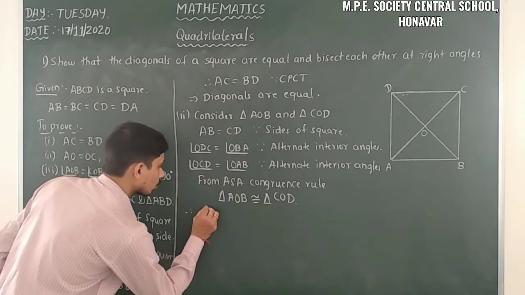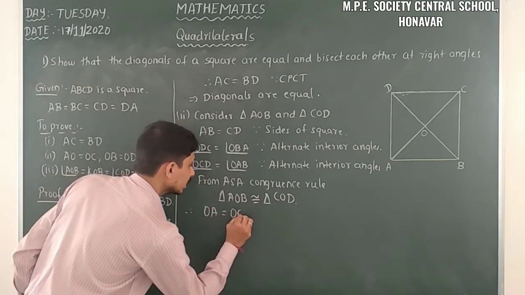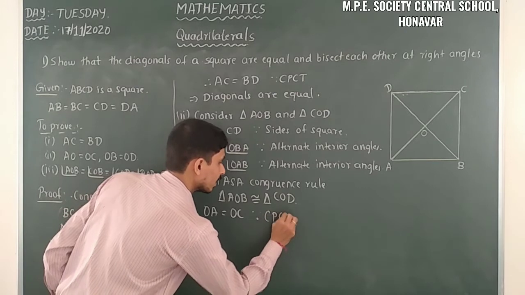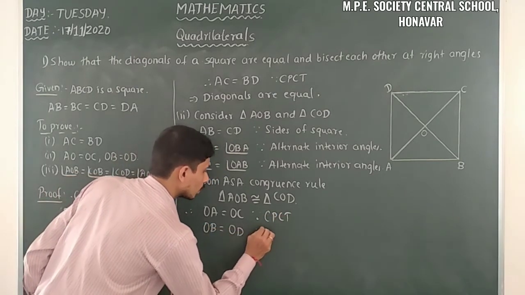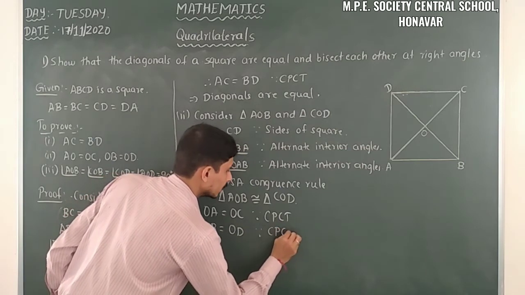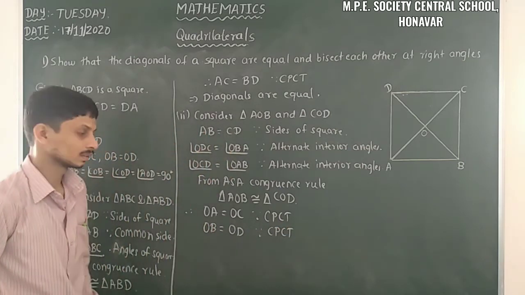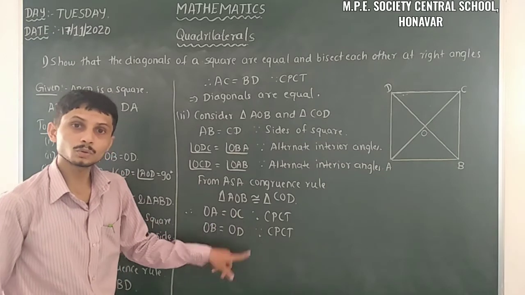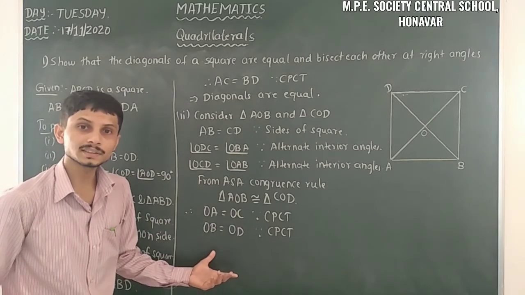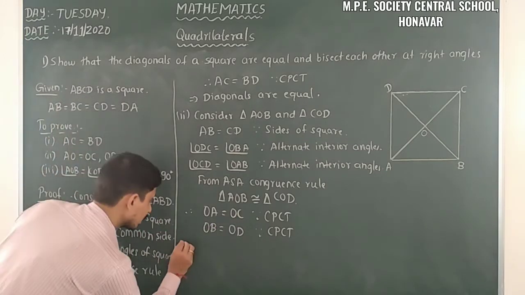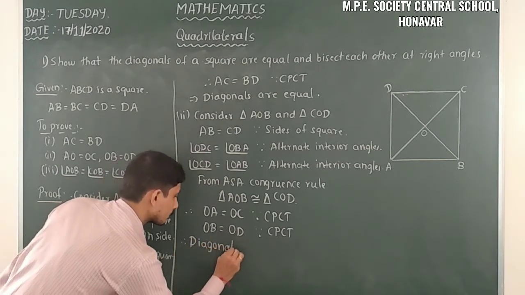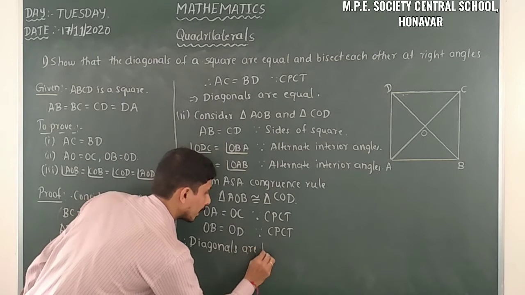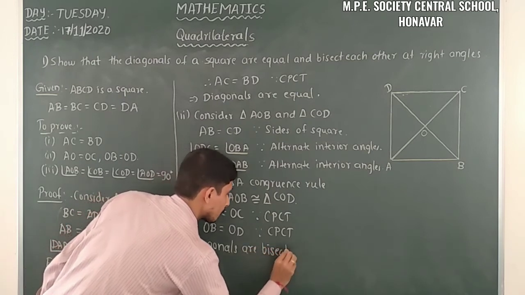Therefore, OA is equal to OC and OB is equal to OD, because these two are CPCT. So from these two, we come to the conclusion that the diagonals bisect each other.